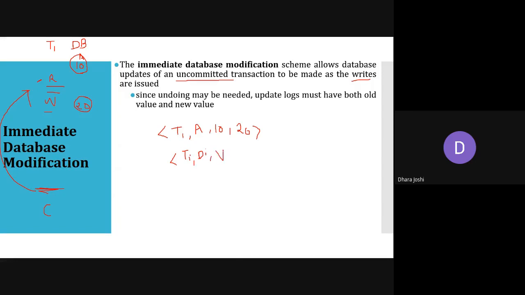V1 is the old value and V2 is the new value. So if we face a failure, we go from 20 back to 10. For that we require the old value, because the old value is what keeps the database in a consistent state. So we require both the old value as well as the new value.